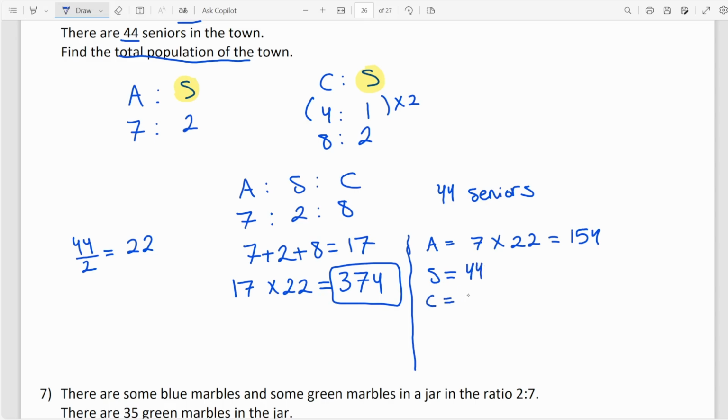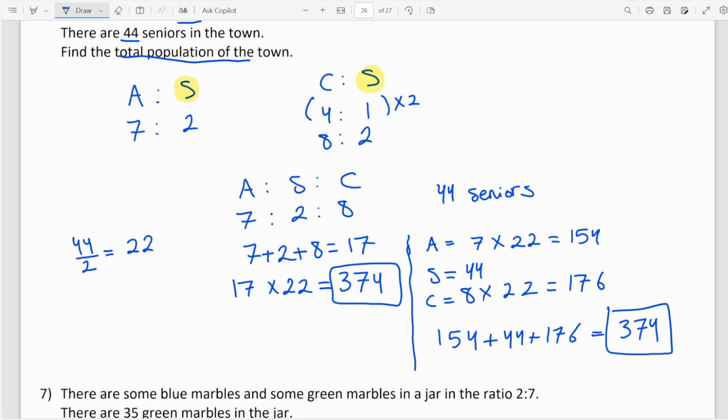And finally, how many children, which is 8 times 22, which gives us 176. All right. So now we can just add them up. So 154 plus 44 plus 176. And this should give us the exact same answer. It gives us 374. Okay, so both of those are equally valid methods. You can use whichever you're comfortable with.